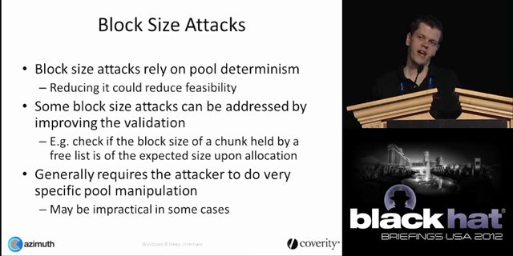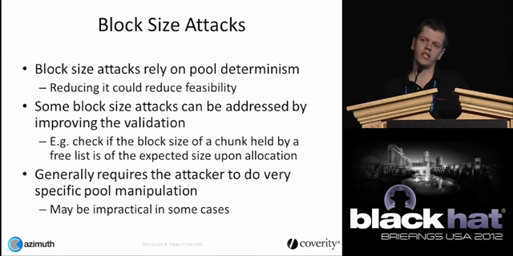The block size attacks, like I mentioned, rely very much on pool determinism. So if you reduce it, you can really reduce the feasibility of these types of attacks. And it can also be addressed by improving the validation. So if you allocate something from a free list, and you make sure that the block size corresponds to the block size the list manages, you can kill off the split fragment attack.